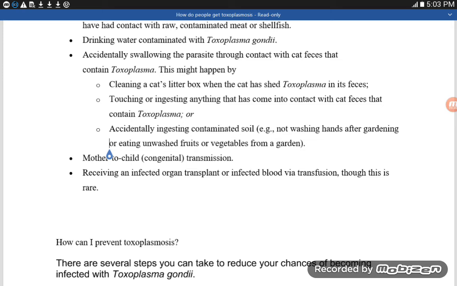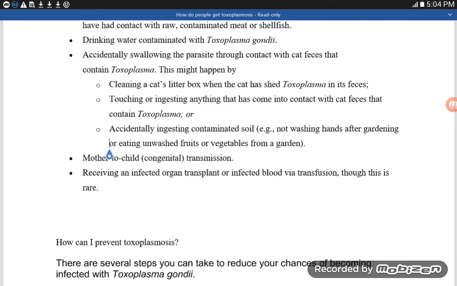Next one, receiving an infected organ transplant or infected blood via transfusion. It's rare, right? But in the case of organ transplantation or sometimes blood transfusion, we can get toxoplasma. Normally in Sri Lanka, for organ transplantation, we are not checking for toxoplasma. There is a correct criteria. They will check especially antigens and antibodies, and if they tally with each other, they will transfer the organs.